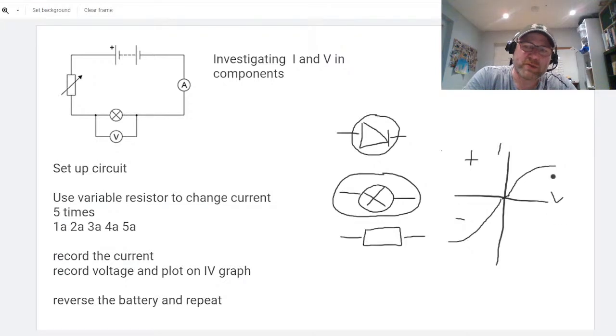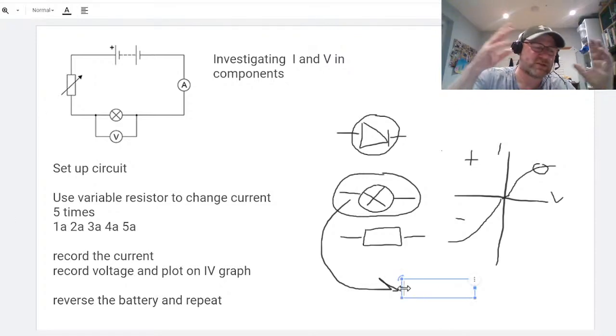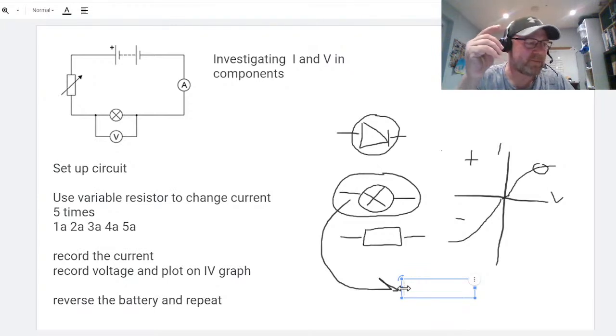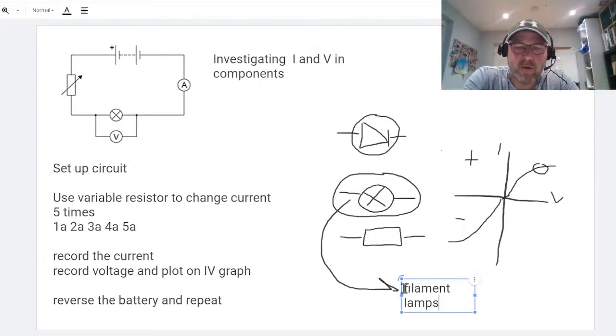And they might ask you to explain why it curves off, and that's because of filament lamps. What happens to filament lamps? They're not like all the lights you've got in your house now. Does anyone know what happens to filament lamps? These are the old-fashioned lamps we used to have in England like 20 years ago. They get hot.